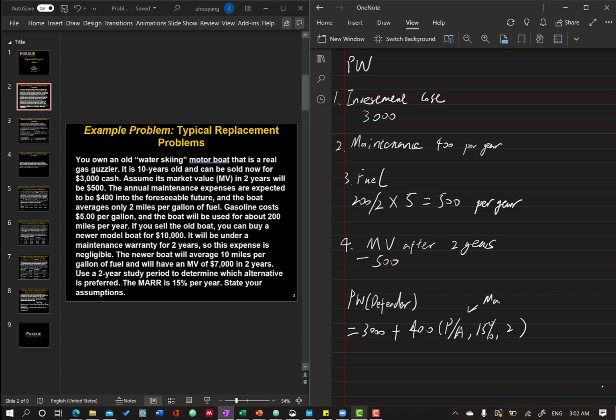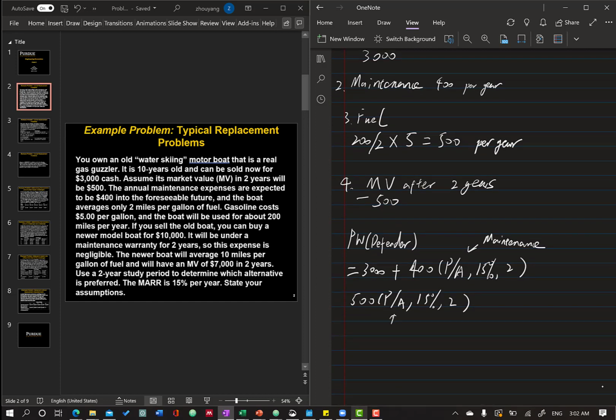That's the maintenance. Then we will have the fuel part, so it's 500 per year, still an annuity. When changed to the present worth, using this formula, 15% as well, and 2 years. That's the fuel.